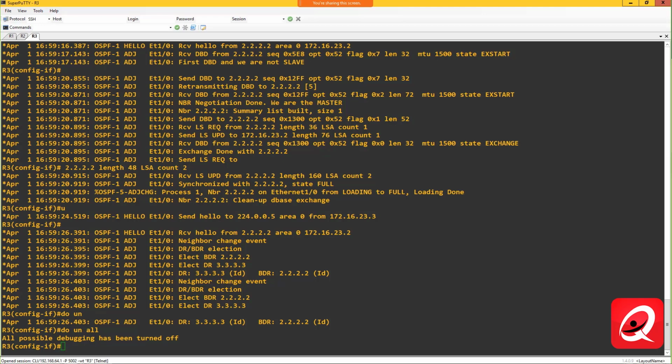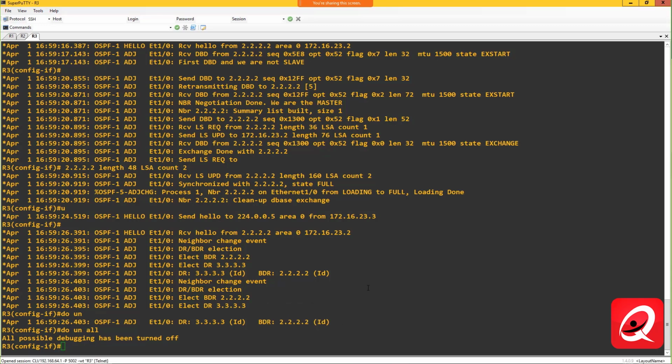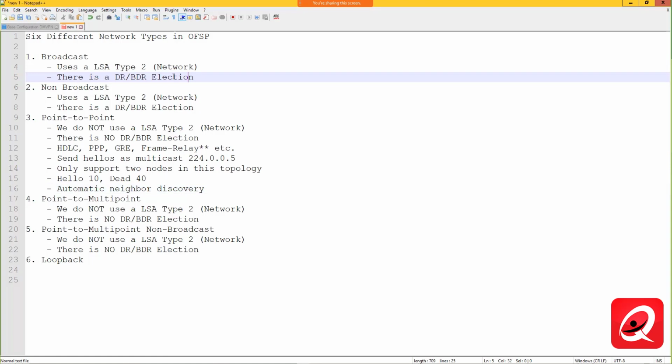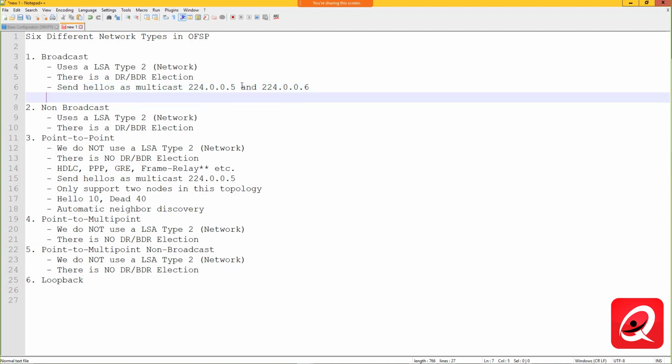So we are going to be sending hellos and updates as multicast in this particular case, but in the broadcast or multi-access network, what we're defining as OSPF network type broadcast, there's a DR/BDR election, and we're sending and receiving hellos to 224.0.0.5 and 224.0.0.6.